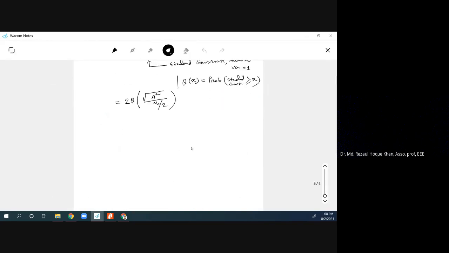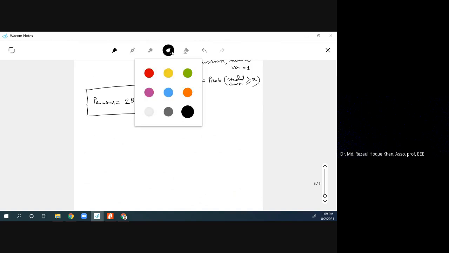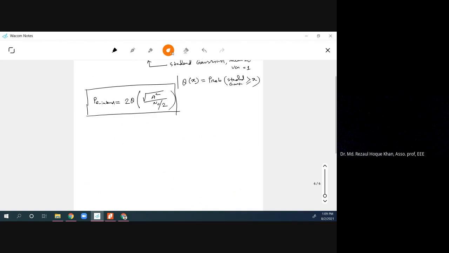So this is the probability of error for internal points. Now, for the endpoint.